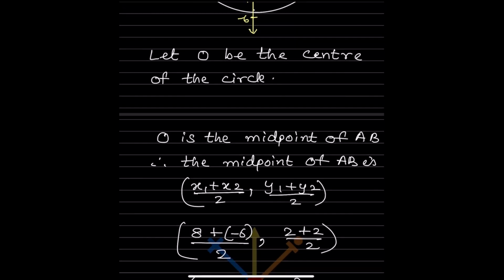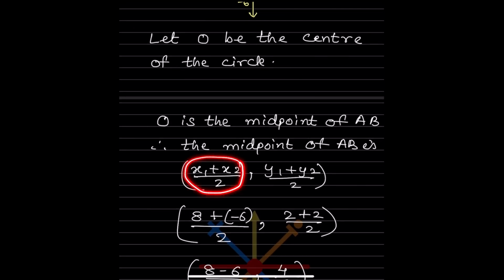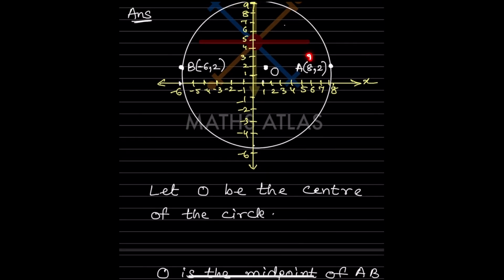You have the formula that is (x1 plus x2) divided by 2 and (y1 plus y2) divided by 2. You can even put this as x1, y1 and this as x2, y2. It can be any way; you are going to get the same answer. Because this is A, I have taken this as x1, y1 and this as x2, y2.